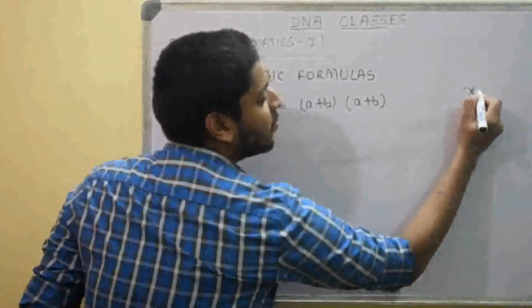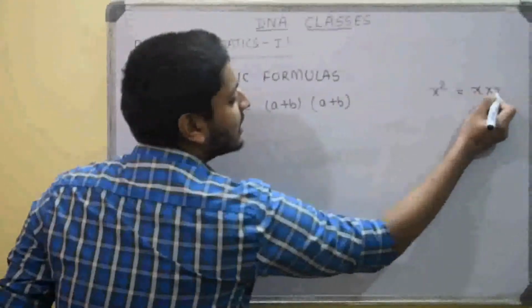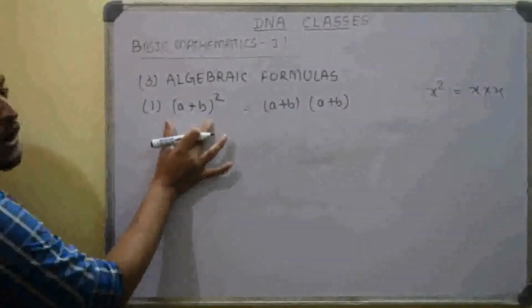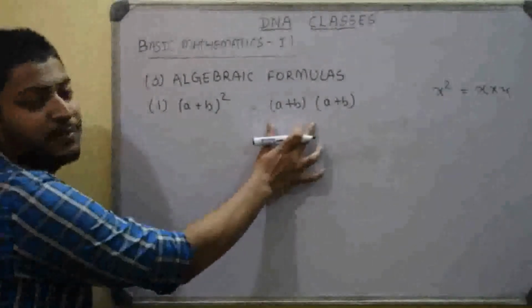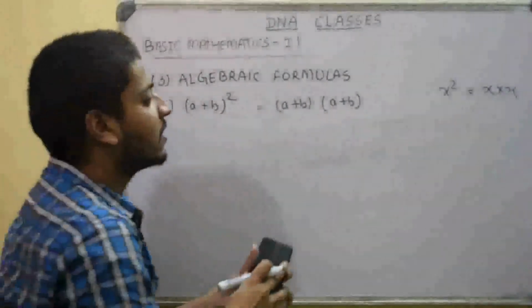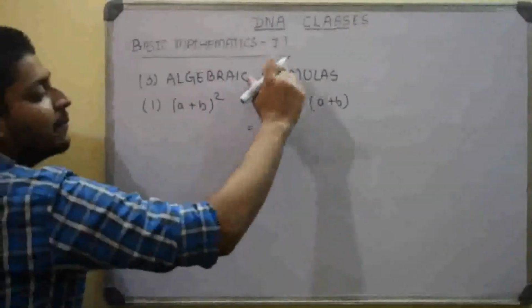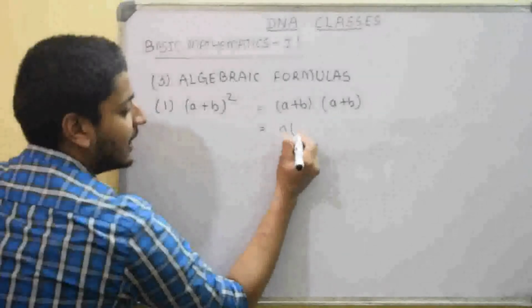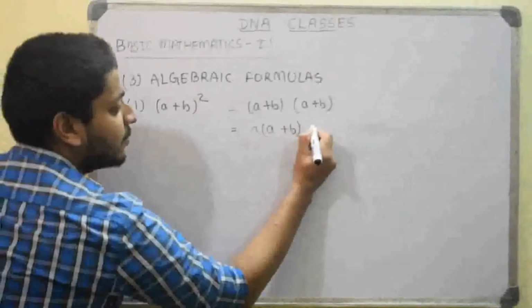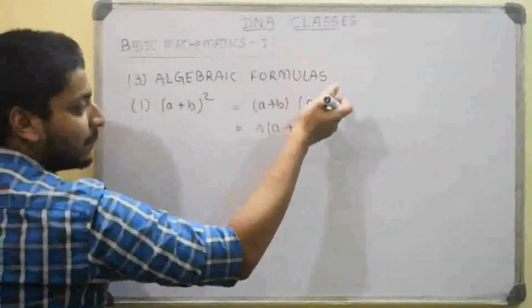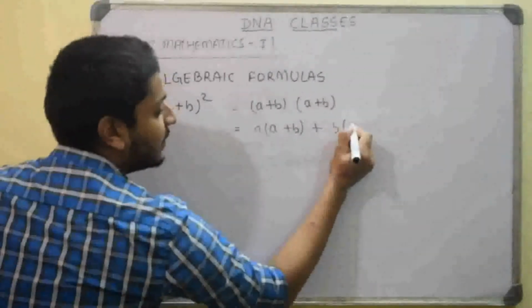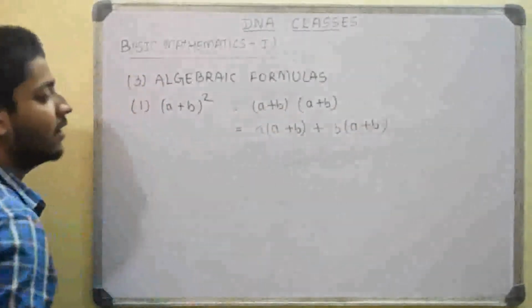Like x squared is written as x into x. Similarly, a plus b whole square can be written as a plus b into a plus b. Now, this a will be multiplied by whole a plus b, so we will write a into a plus b, plus this b will get multiplied by whole a plus b, so we will write b into a plus b.